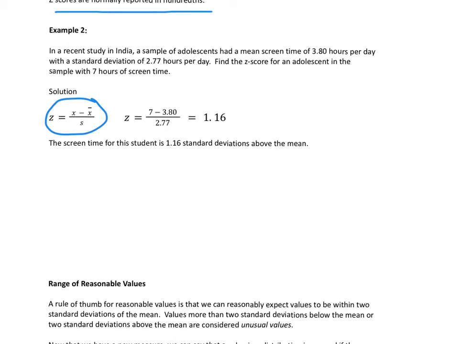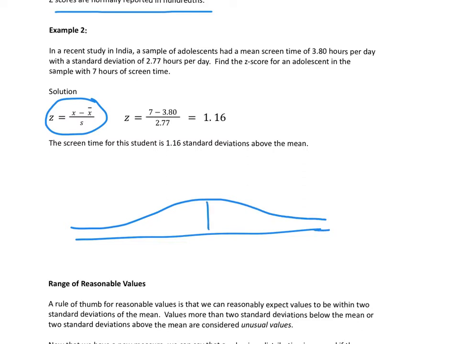So this data is really spread out. If we looked at this distribution, it would be not a very high peak to our normal curve. And we'd have the mean here of 3.8, but with such a large standard deviation, we'd be way out here.